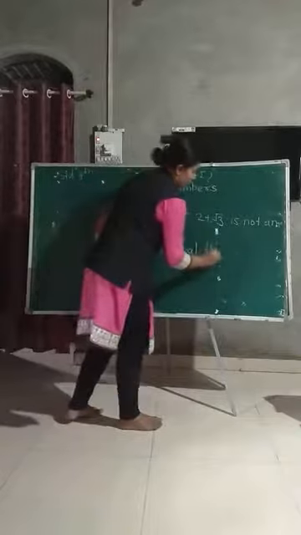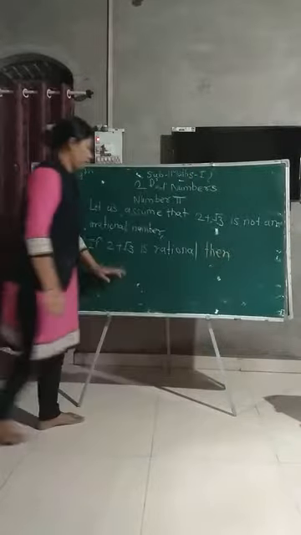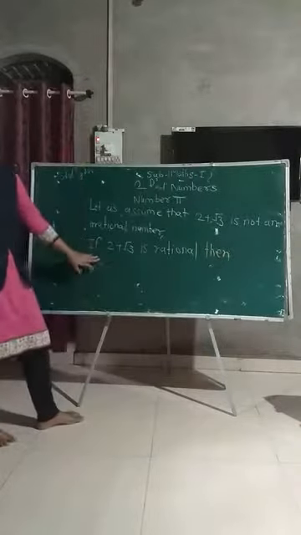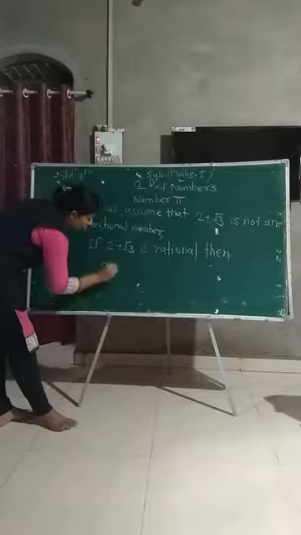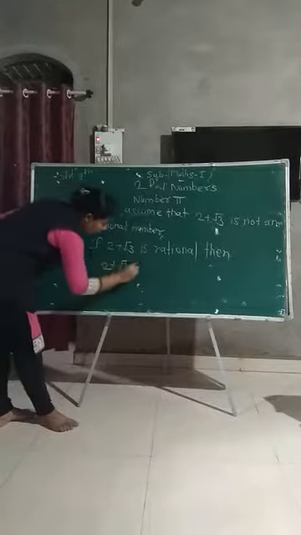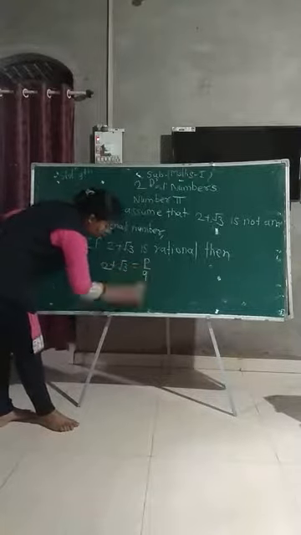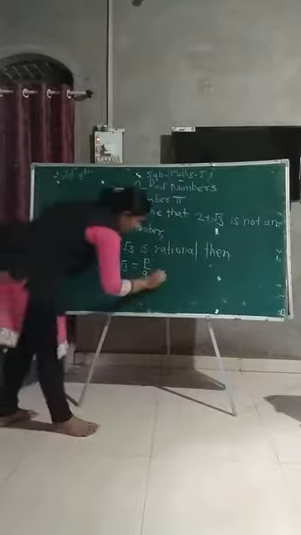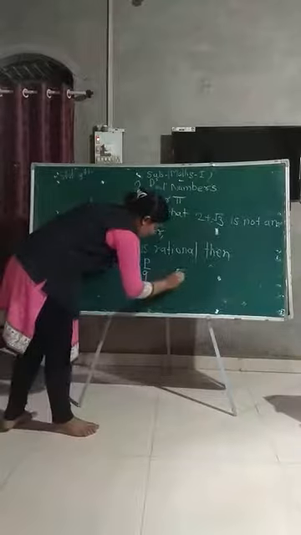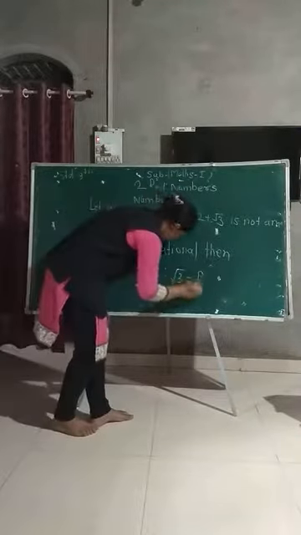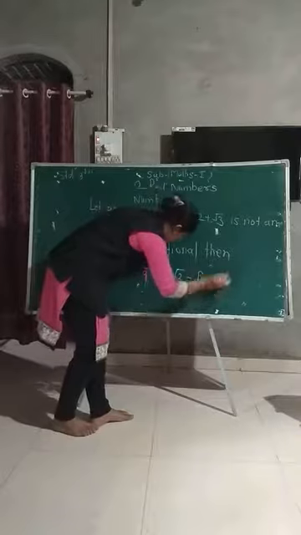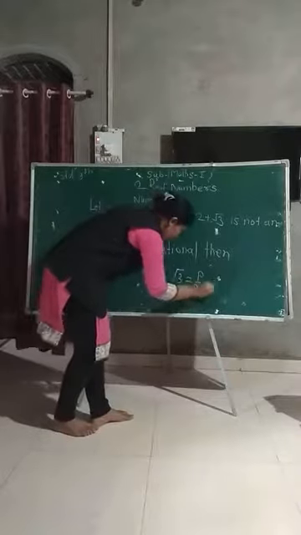Then we write this number in the form of a rational number, that is, 2 plus root 3 is equal to p upon q. Therefore, the value of root 3 is equal to p upon q minus 2.